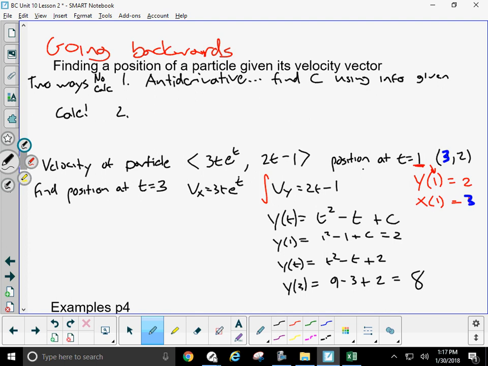Math 9? Your Math 9 does not give you an antiderivative. Math 9 gives you an area under a curve. You can't tell your calculator to take the antiderivative of something. But you will be using Math 9.